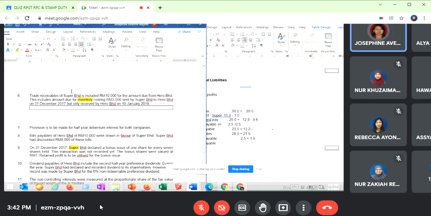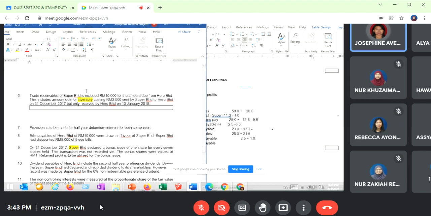So that's why Super recognized a debtor account. Debit the debtor and credit sales to Hero. And Hero would be recognizing a trade payable, so it will credit a payable and debit purchases. The trade receivable of Super includes inventory that was sent to Hero, not yet received by Hero.